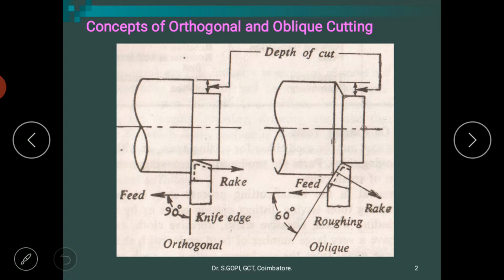But oblique cutting is used for a massive material removal rate, because it has a larger area of contact on the cutting edge. So we can increase the depth of cut for the same force on the cutting tool. So massive material removal is possible in oblique cutting, while in orthogonal cutting only a minor amount of material removal is possible.